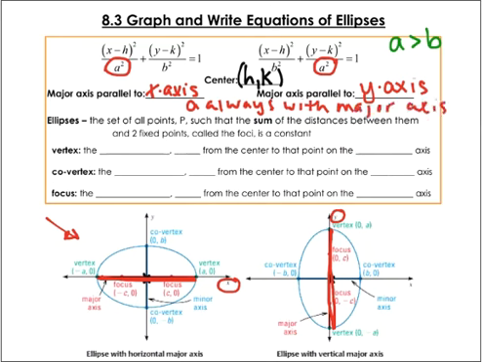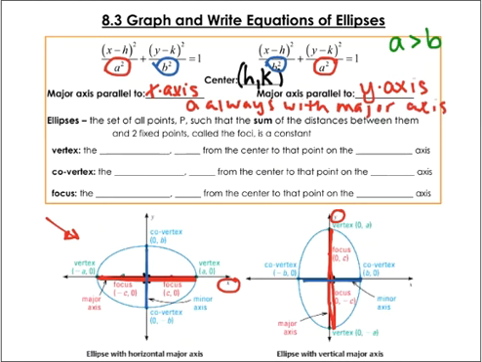Now, we have something called a minor axis. If you look at these diagrams, the minor axis is just the shorter axis. And as you probably guessed, the b squared is what's going to go with the minor axis. Now, we also have some more parts.